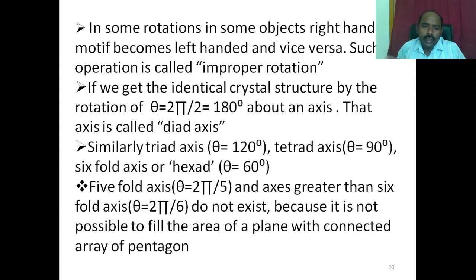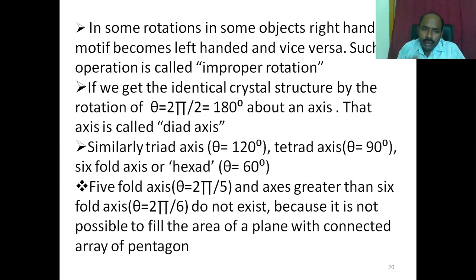Similarly, one more axis exists, for theta equal to 60 degrees. For n equal to 6, we get theta equal to 2 pi by 6, which gives theta equal to 60 degrees. By rotating 60 degrees, we get a similar appearance of the crystal.